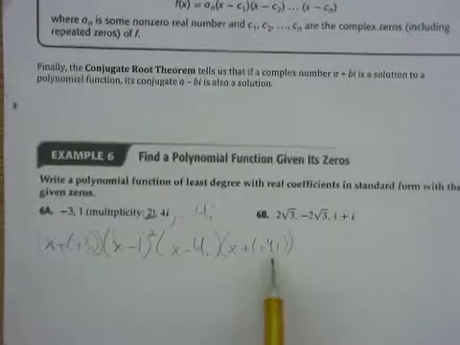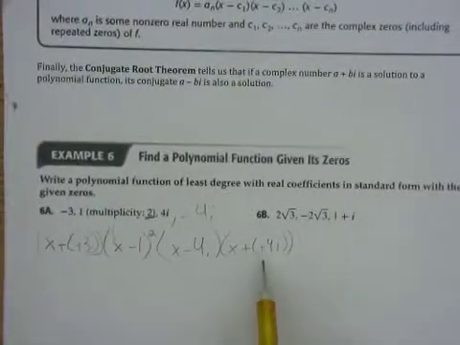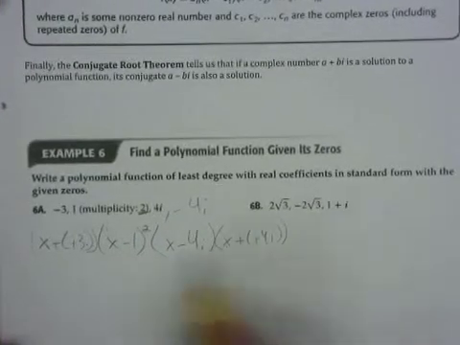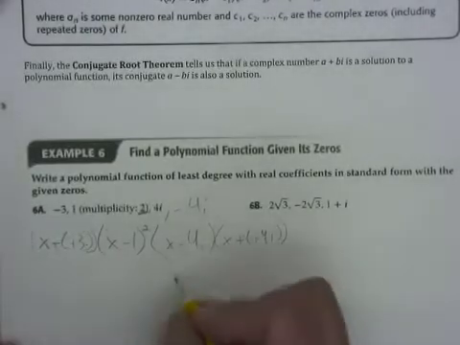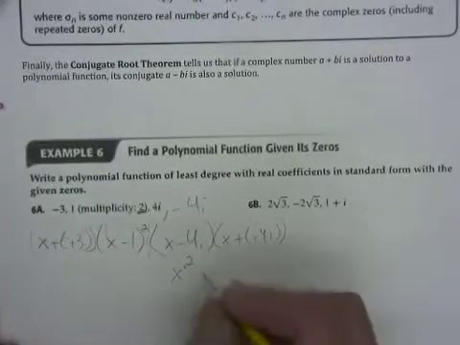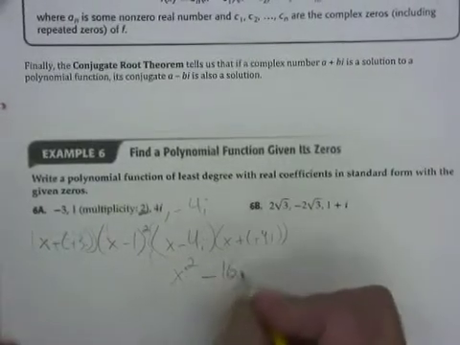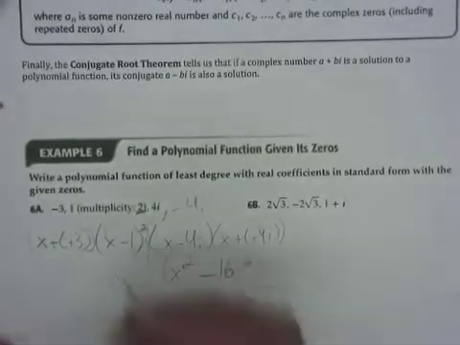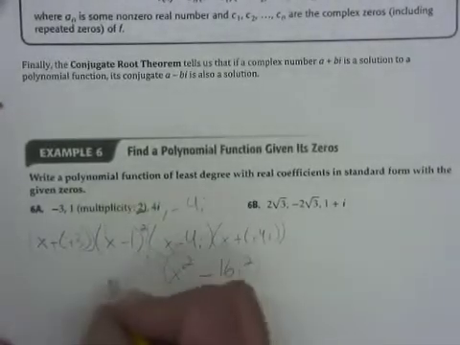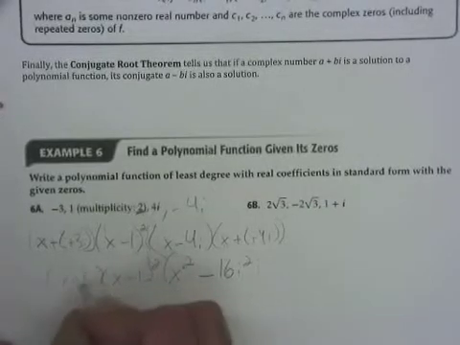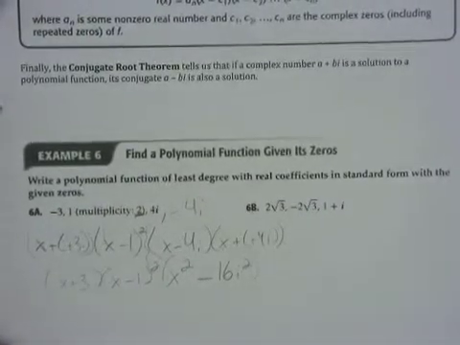And if you remember from Algebra 2, maybe Algebra 1, that when you multiply x minus 4i times x plus 4i, this becomes a difference of squares. So let's do that. This will become x squared minus 16i squared. And I'm going to be multiplying that times x minus 1 squared times x plus 3.